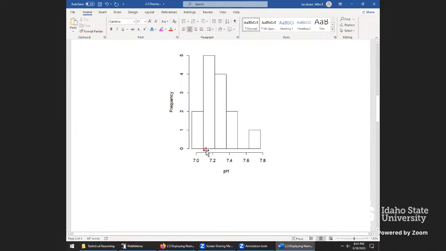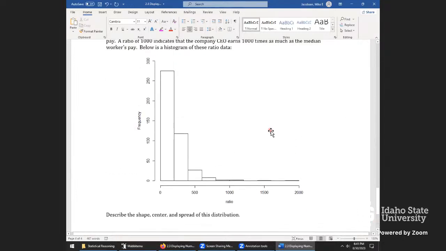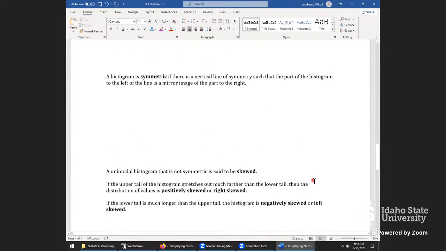This is pretty symmetric. It's not perfect. It's kind of eking out an observation to the right, but it's not too far away. That one there was extremely far at 30. But this right here would be considered absolutely not symmetric at all. This is horrible data. The asymmetry is when it trails off going this way, and these data would be extremely hard to analyze. We can't use the normal statistical procedures. They would all just fail right away, depending on the sample size.